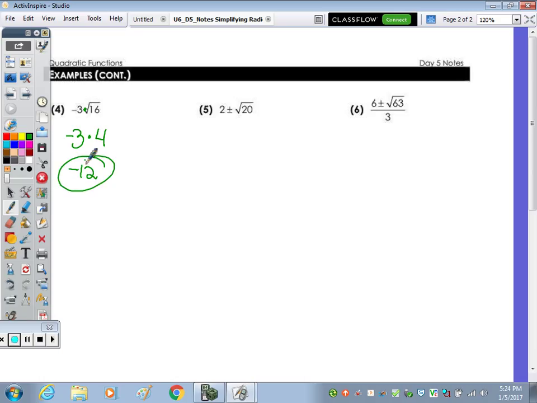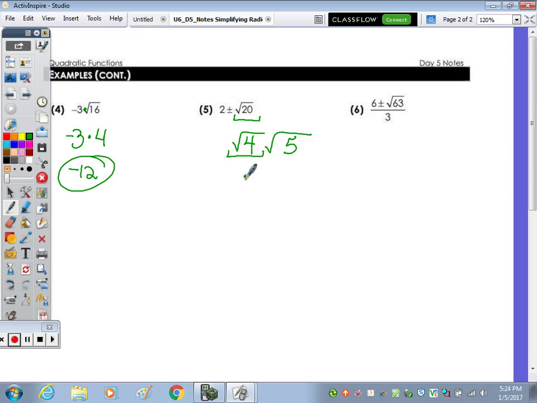2 plus or minus the square root of 20? Well, I first need to simplify this to see if I can even add it to the 2. So 20, we've got 1 times 20, 2 times 10, 4 times 5. So 4 is a perfect square. So I want to break that down into radical 4 times radical 5.